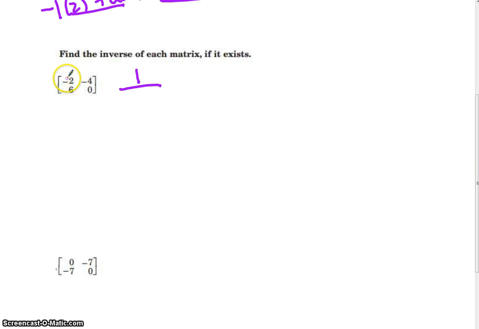And so you're going to say negative 2 times 0 minus 6 times negative 4. So 0 plus 24. So it's 1 over 24 times, and you have D, negative B, negative C, A. So your D and your A swap spots, and your B and your C change signs. So this is going to become 0, 4, negative 6, negative 2.